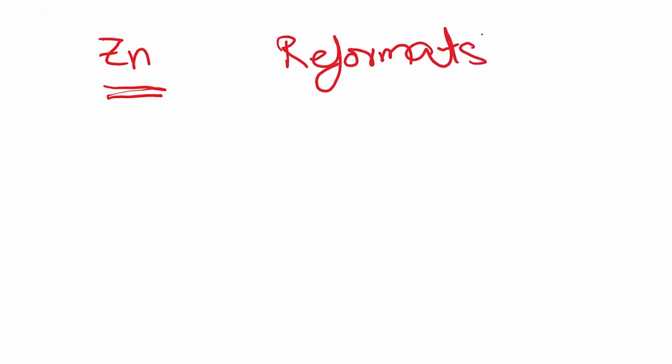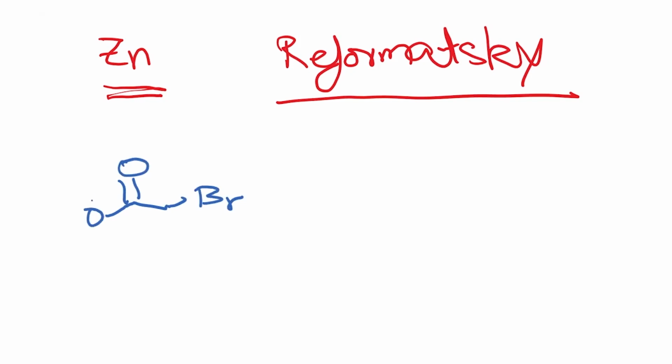All right, but with esters there is a very powerful and fairly mild method that can be used to generate enolates, and these are enolates derived from zinc. Zinc is used in this reaction, which is called the Reformatsky reaction, and it is a fairly powerful reaction. The way we would do this is to take an alpha bromo ester and react it with zinc.